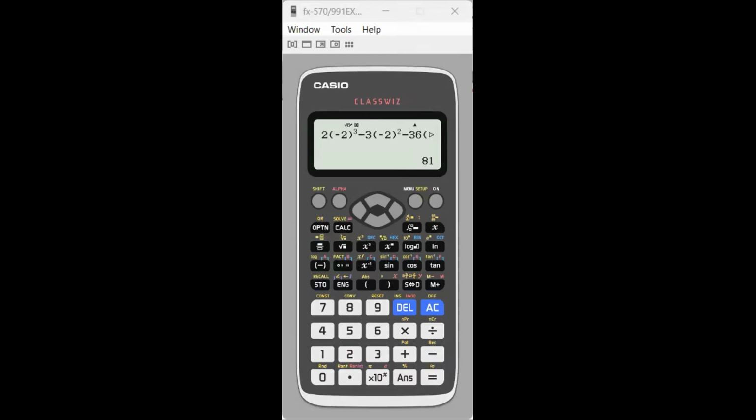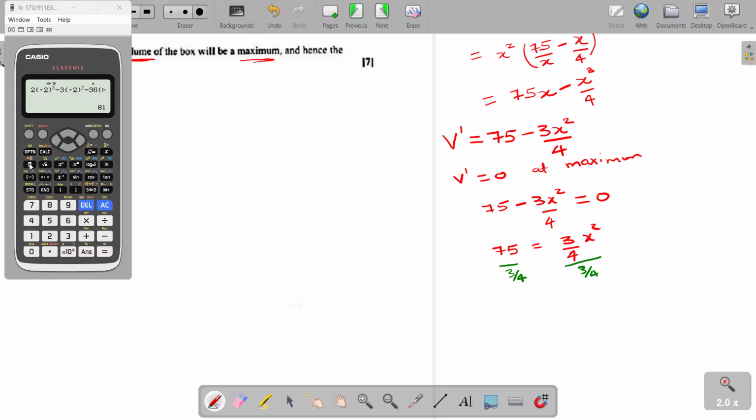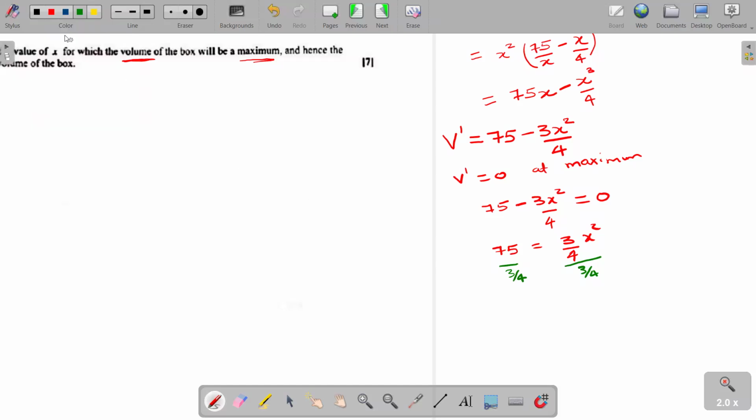So we are going to have 75 divided by, on the denominator, 3 over 4. That's giving us 100. So it means our x squared will be equal to 100.